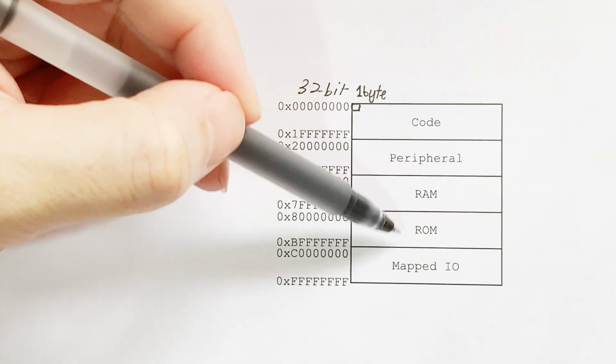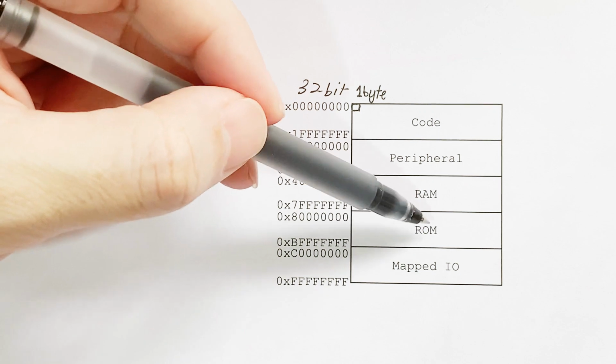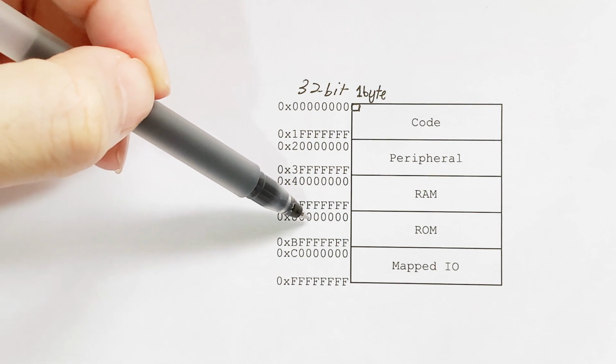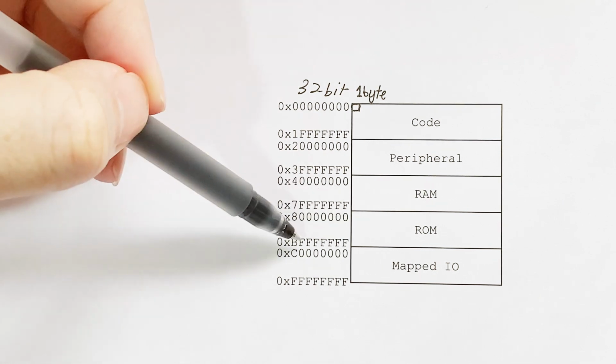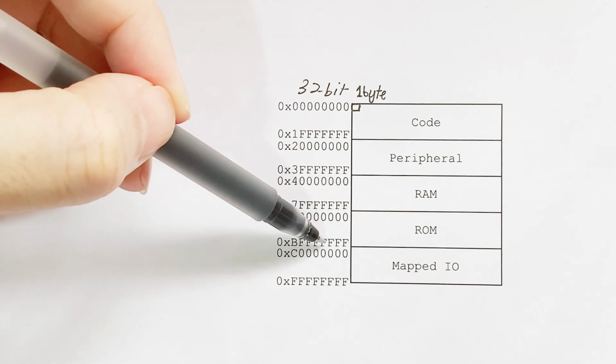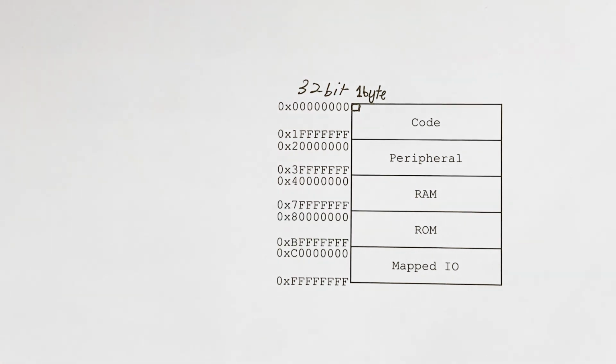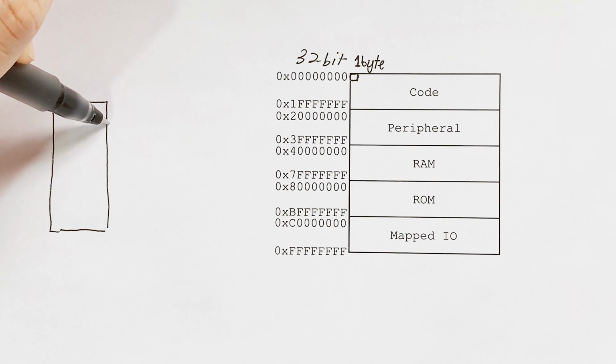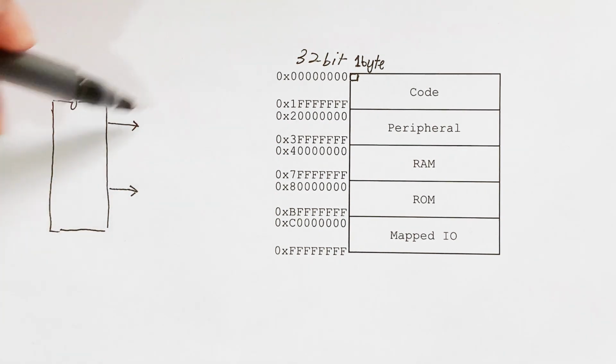For example, if you would like to connect a ROM chip to the ARM processor, this is the range that you are given, starting from 80000000 up to BFFFFFFF.